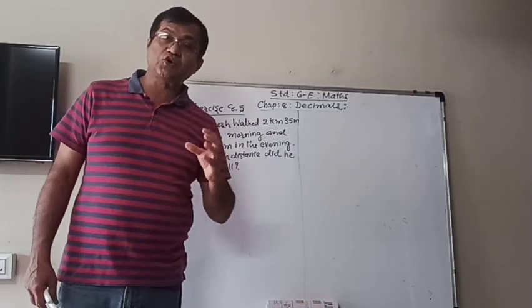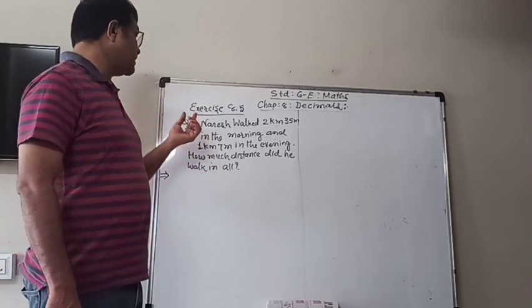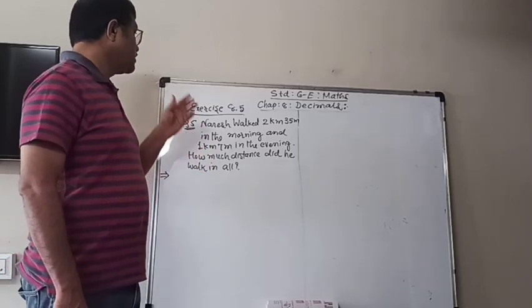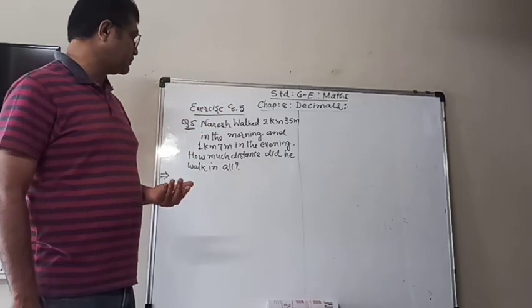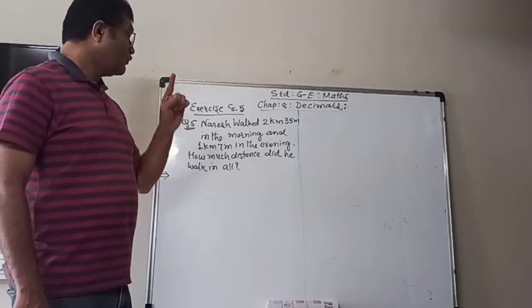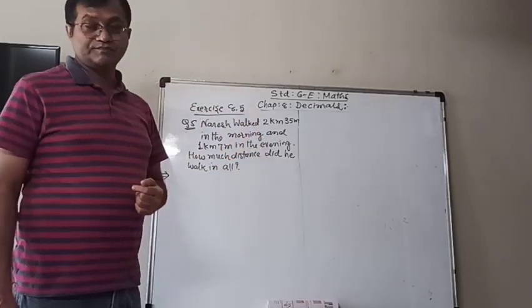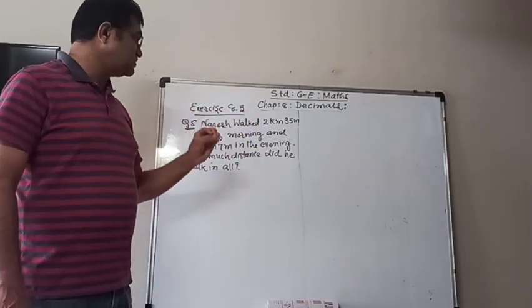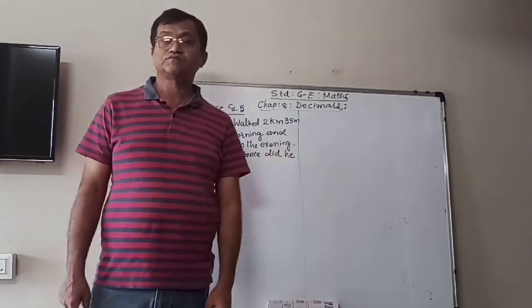So let's start question number 5. It says that Naresh walked 2 kilometer 35 meter in the morning and 1 kilometer 7 meter in the evening. How much distance did he walk in all?